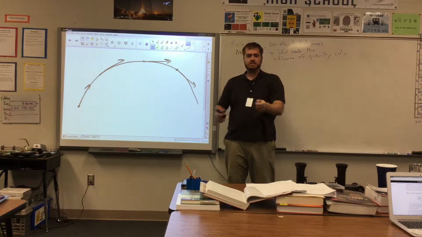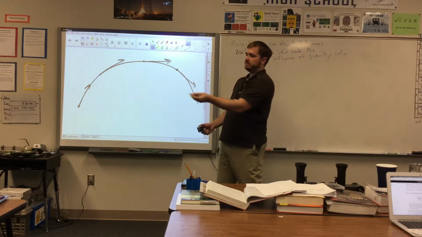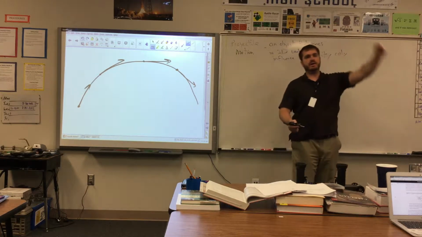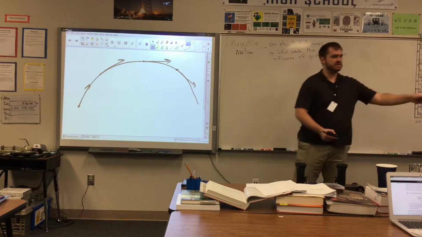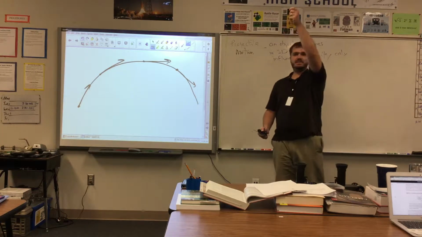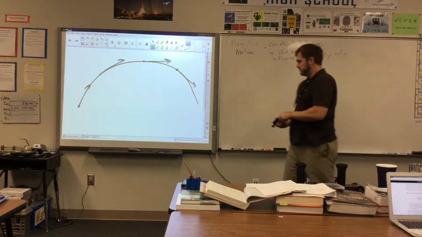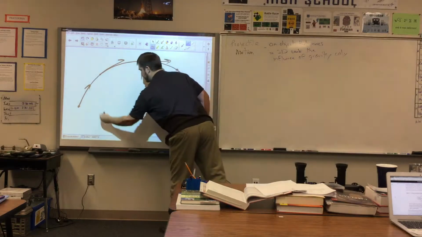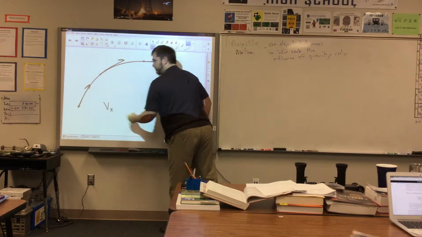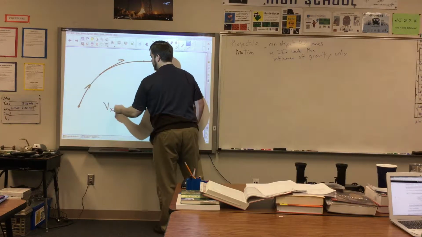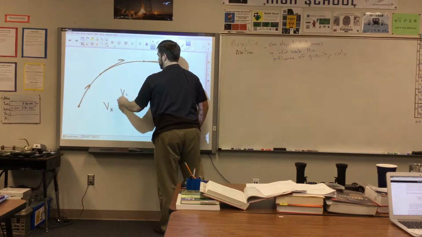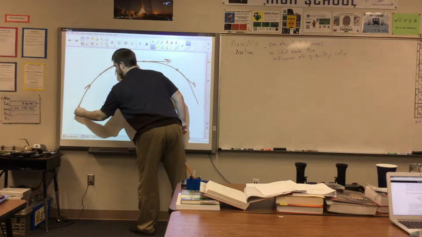So we're no longer dealing with just something moving back and forth. Since it's moving through the air, it has both a Vx and a Vy. Are y'all with me so far? Vx is its horizontal velocity, and Vy is its vertical velocity.